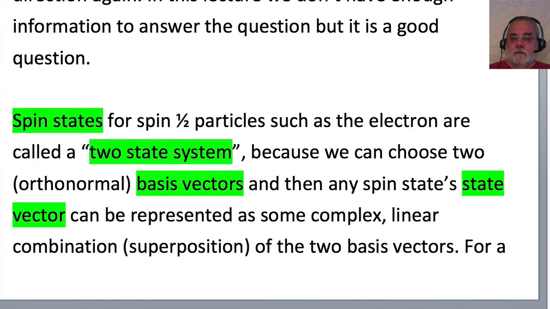Spin states for spin 1/2 particles, such as the electron, are called a two-state system, because we can choose two orthonormal basis vectors, and then any spin state's state vector can be represented as some complex linear combination or superposition of the two basis vectors.